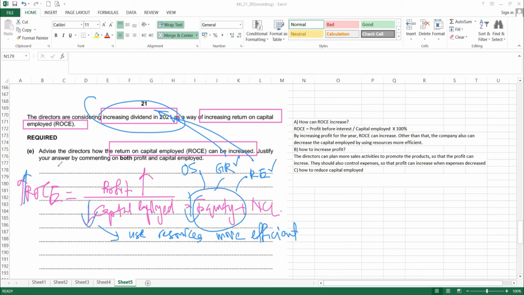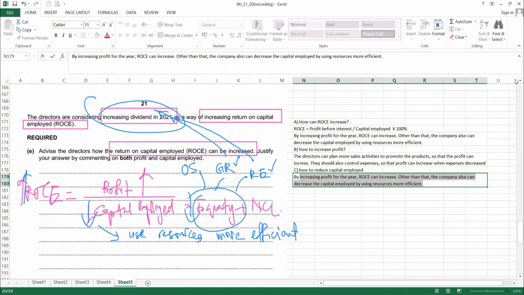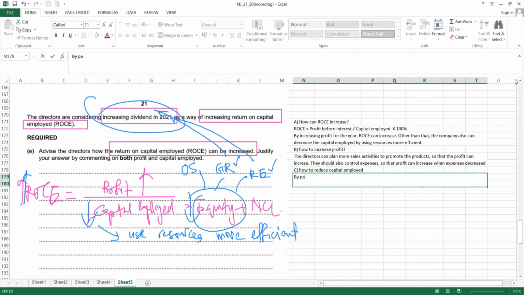reduce this capital employed, and then ROCE will increase. So now we put in: by paying dividend through general reserve or retained earning, the equity will decrease.